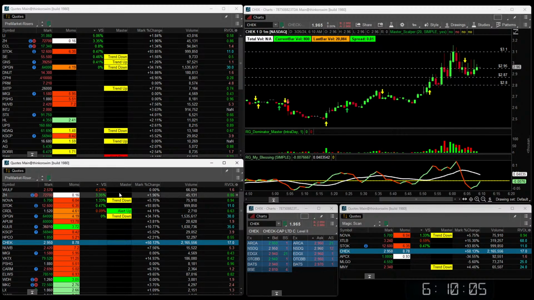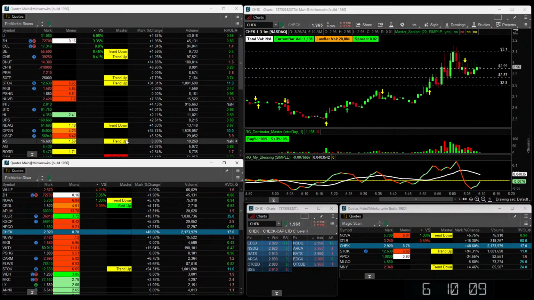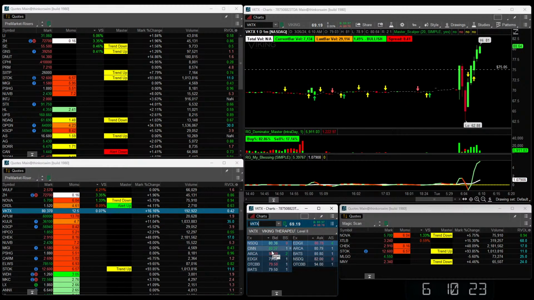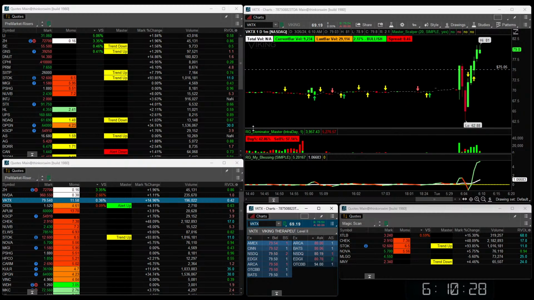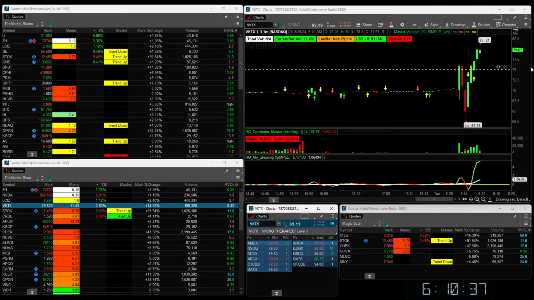Yeah, I see VKTX. I'll type it in. It kind of disappeared off my chart. Looks like we played it before. I already have a level set. $75, $77 stock.